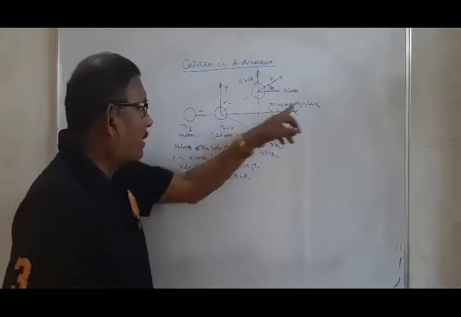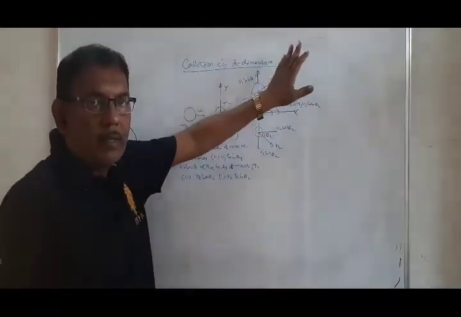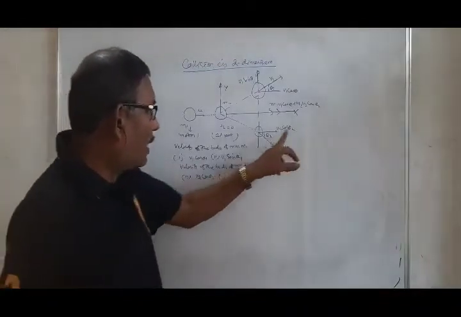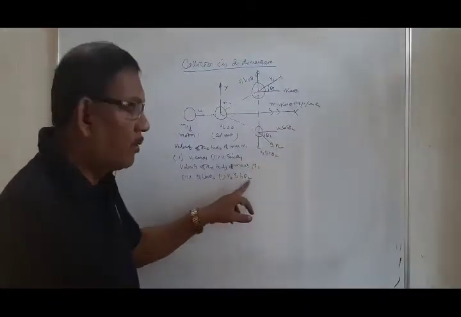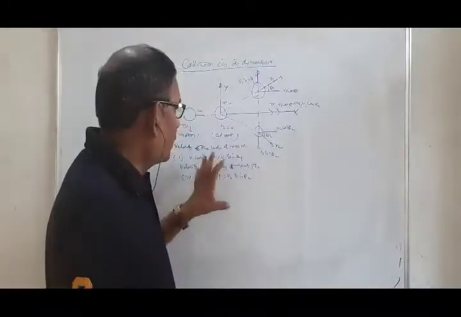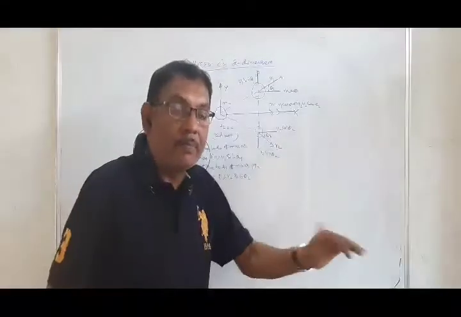That is, v1 cos theta 1 along the x axis and v1 sin theta 1 along the y axis for the body of mass m1. Similarly, v2 cos theta 2 along the x axis and v2 sin theta 2 along the y axis for the body of mass m2. So this is the velocity component along the x axis and y axis of the two bodies after collisions.